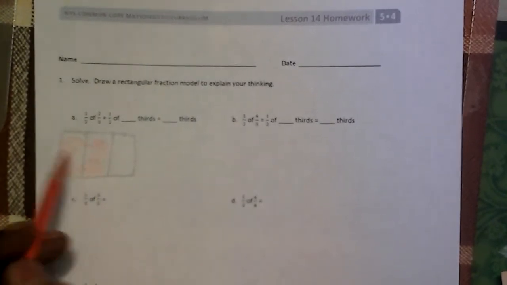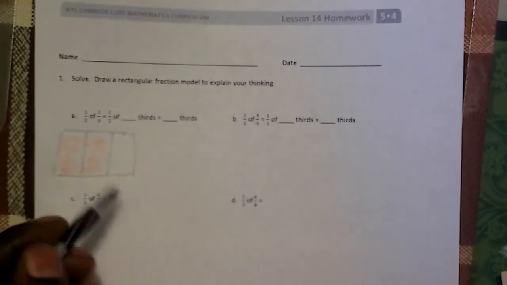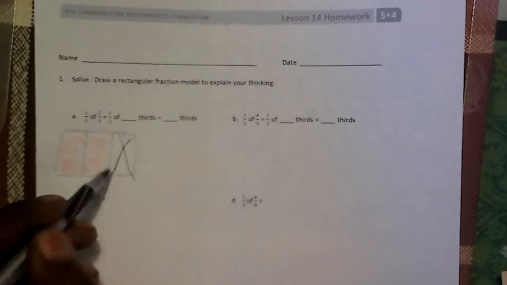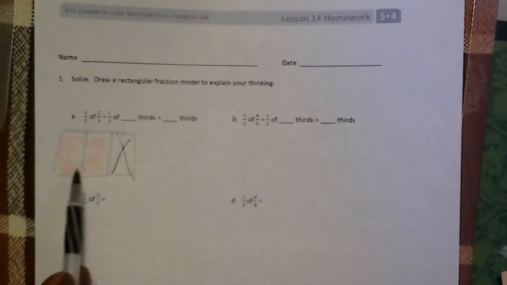our 2/3, right? But now let's take a look at this real quick, right? We only need the part we've colored, so we can get rid of this. We don't need that, right? So how many thirds do we have? We have 2.